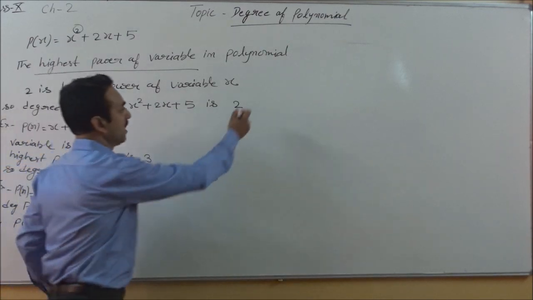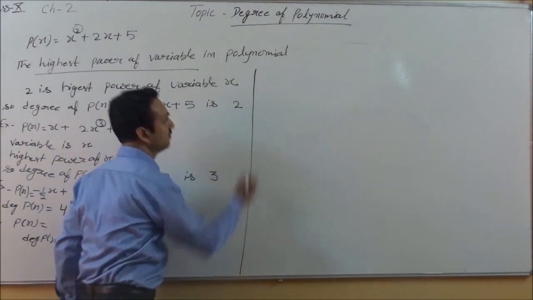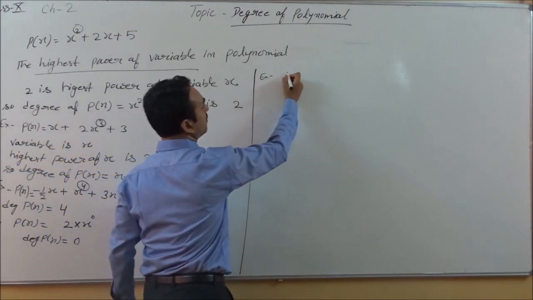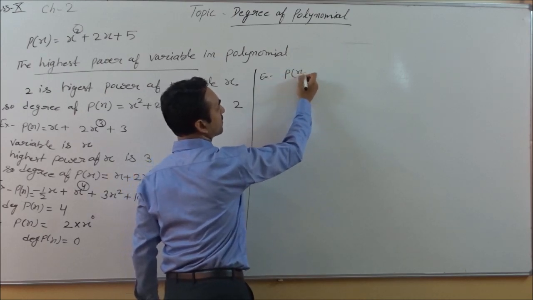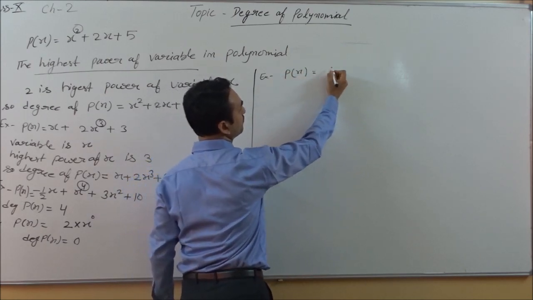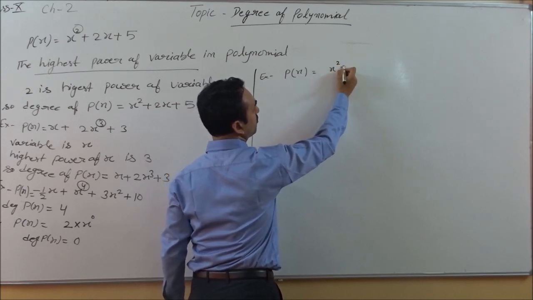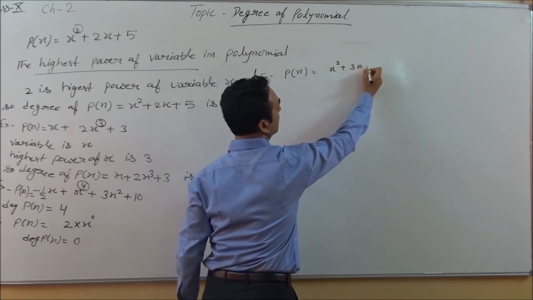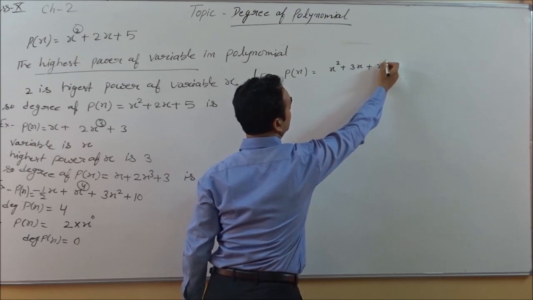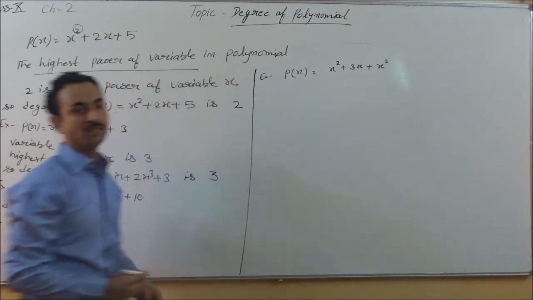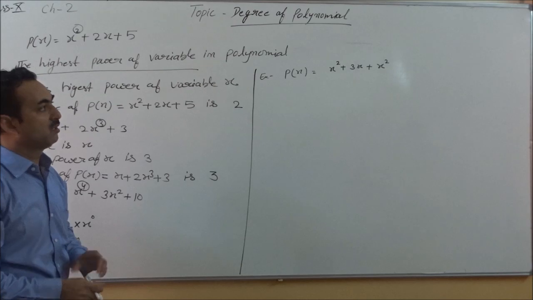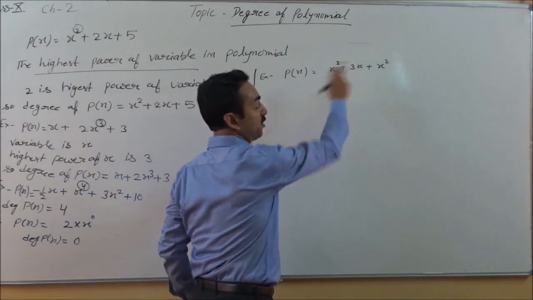Now we can see another example. p(x) = x² + 3x + x². We will find the degree of this polynomial.